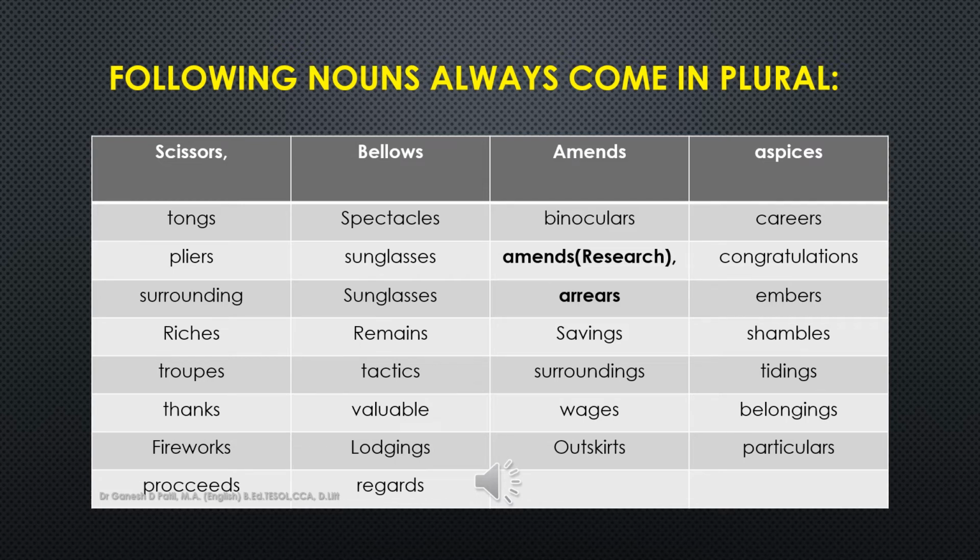Scissors, bellows, tongs, pliers, surroundings, riches, troops, thanks, fireworks, proceeds, regards, lodgings, tactics, remains, valuables, sunglasses, spectacles, binoculars, amends, arrears, savings, surroundings, wages, outskirts, careers, congratulations, embers, shambles, tidings, belongings, and particulars. These nouns always come in plural form.